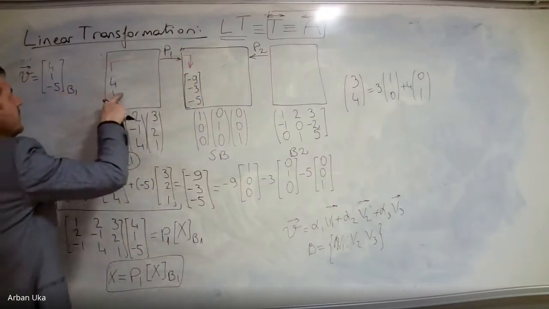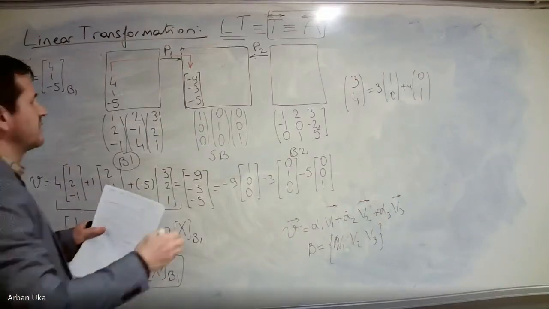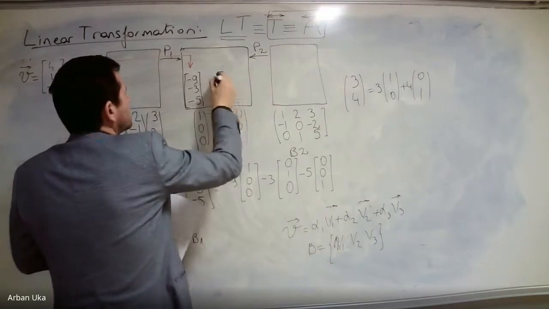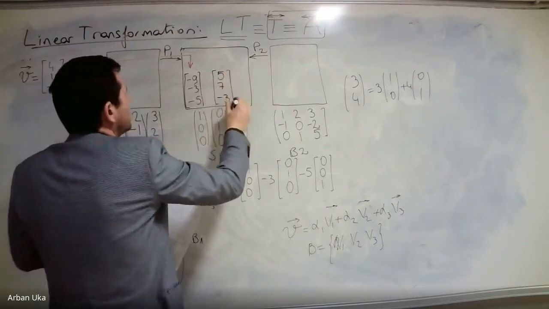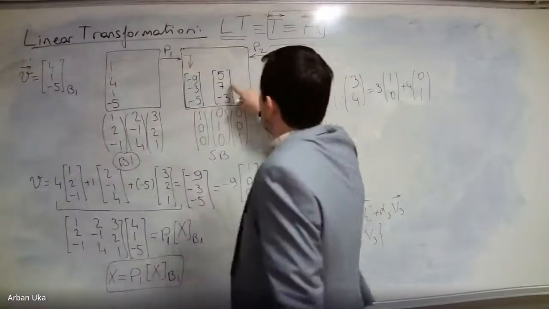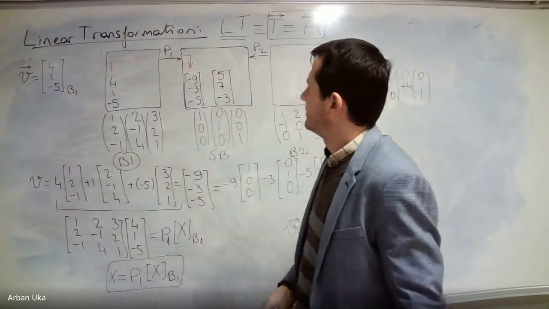So this vector looks like this in the standard basis. Now, let's give another vector, which is 5, 7, minus 3. This is a vector in the standard basis. The question is the following. How does this point in space look like here?